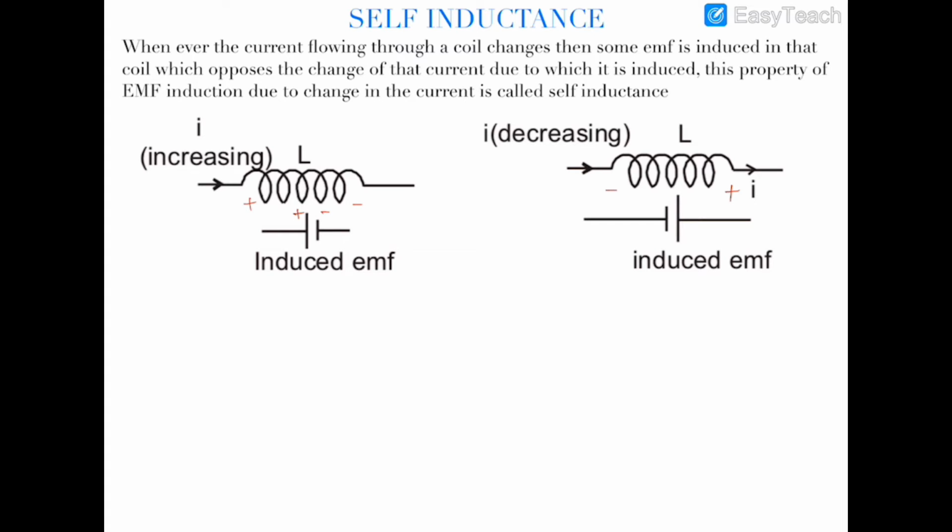Now if the current is decreasing, then the EMF induced in this inductor coil is due to the decreasing current, and therefore this EMF will try to increase the current and support it. Hence this EMF will show negative polarity to the incoming current, so that the current may be attracted by that negative polarity.